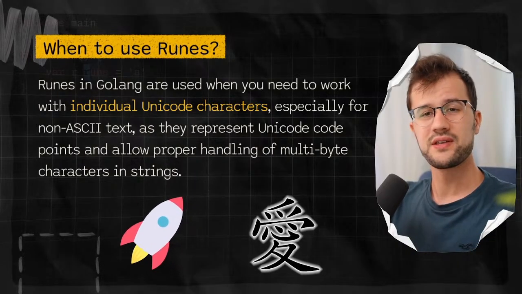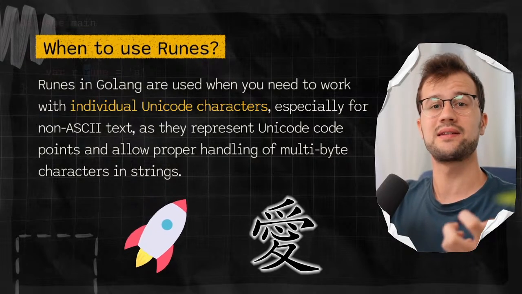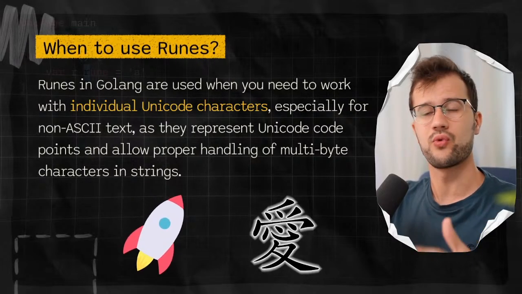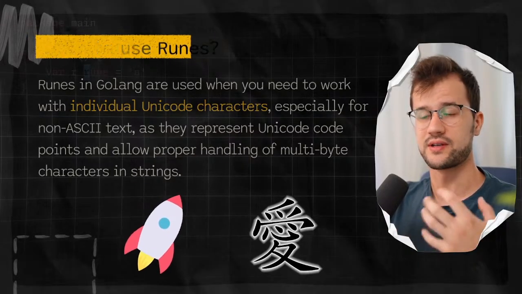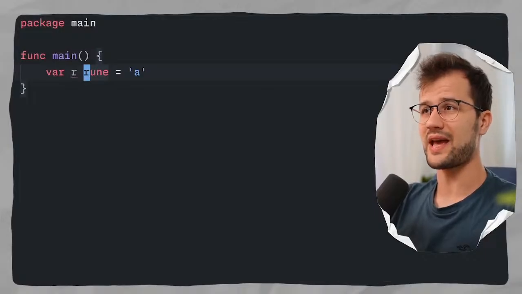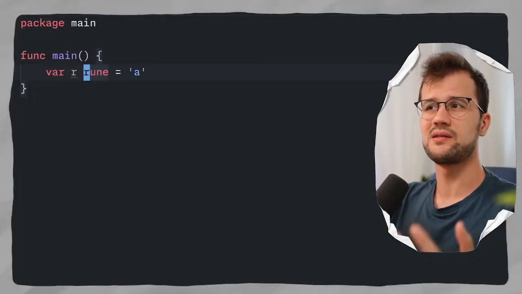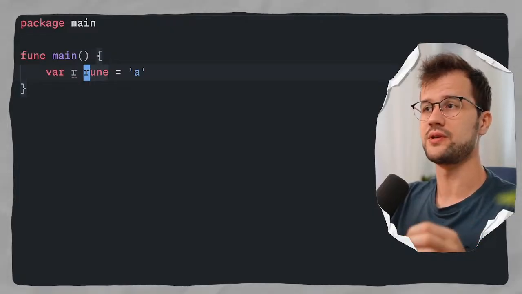And also these runes can be used to handle text in a really efficient and optimized way in Golang. So in the end, they are optimized for Unicode character encoding. So that basically means that we can represent any sort of character inside of a rune, right? That is representable with these Unicode code points.